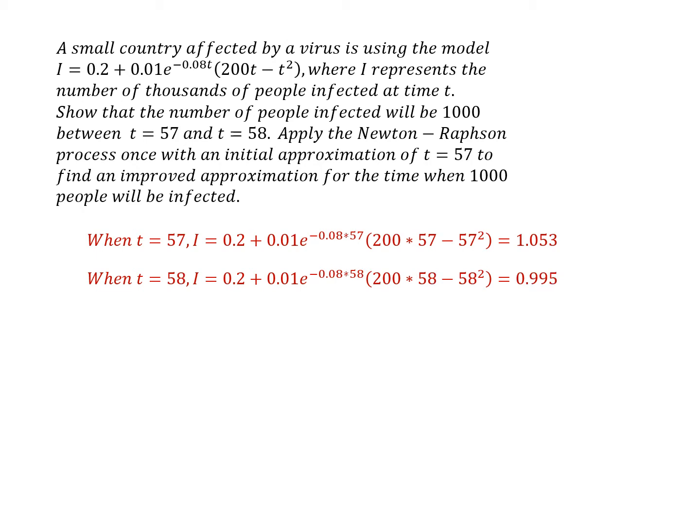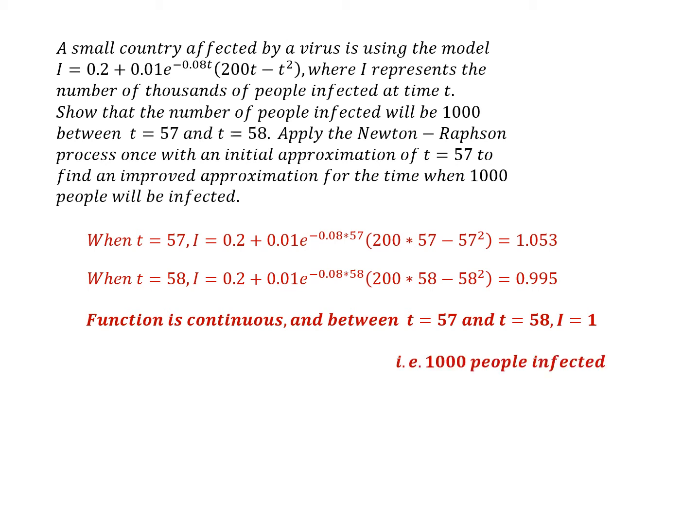And when t is 58, I is slightly less than 1. Because the function is also continuous, between t equals 57 and t equals 58, I must be equal to 1. And therefore, 1,000 people must be infected between t equals 57 and t equals 58.